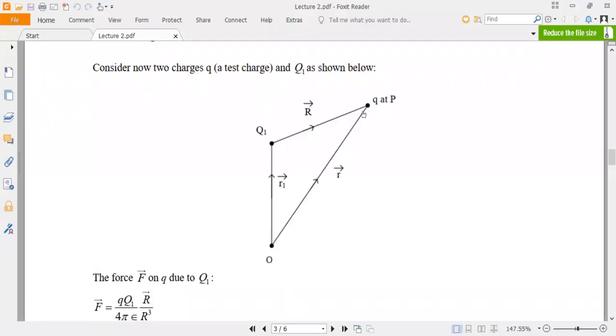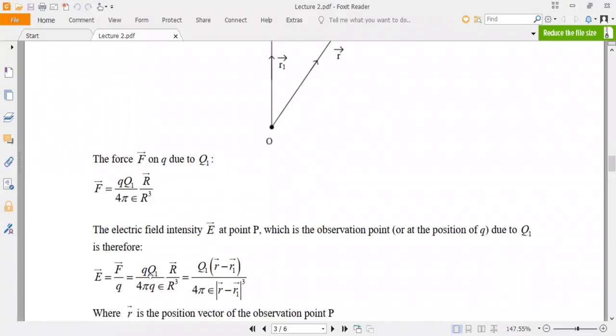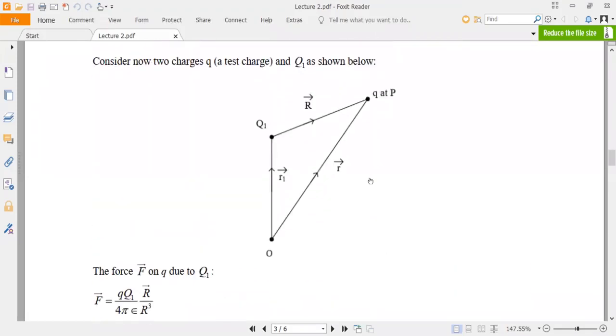I have just kept that test charge for mathematical purpose, but eventually this will be gone. As we have seen, it's already gone. So this is the electric field intensity, which you will observe here due to a charge which is in the free space. In our case, it is Q1, which is placed here.